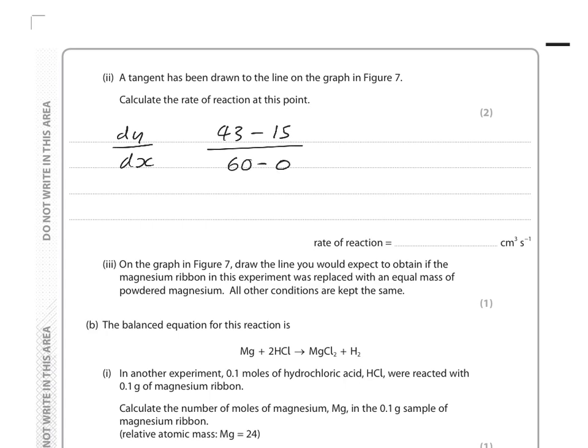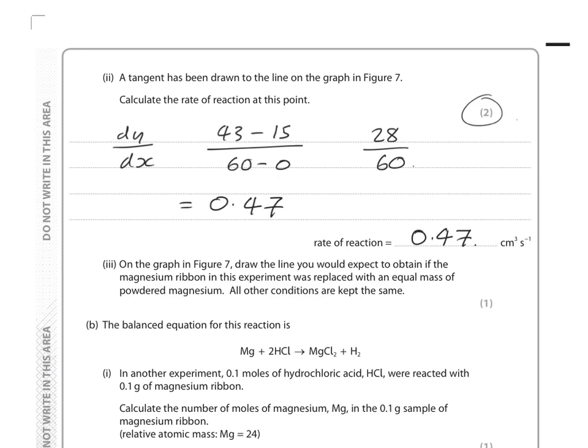So you've got a value of 28 over 60. That gives you a value equal to 0.47. So that gradient of that line is 0.47, and that is in centimetres cubed per second. We've done part 3. The line will be steeper but finish at the same place.